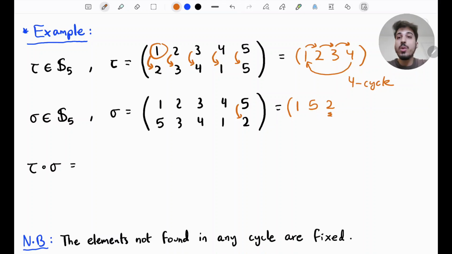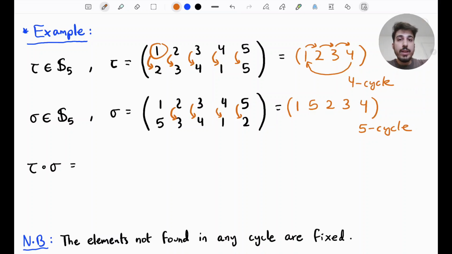Now we see where 2 is sent to. 2 is sent to 3 by sigma, so we write 3. 3 is sent to 4, and 4 is sent to 1, so 4 is sent all the way back to the first element. We close the parenthesis. This covers all of the elements 1 to 5, so this is a 5-cycle, a cyclic permutation of order 5.